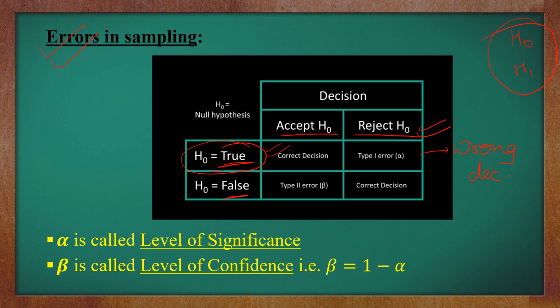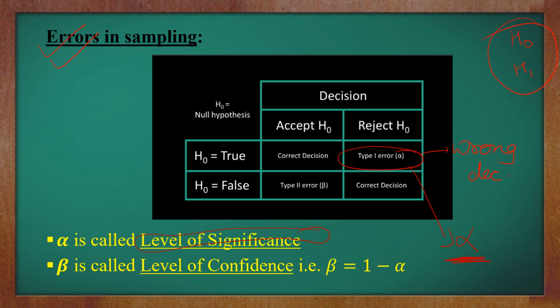So when your null hypothesis is true and you are rejecting it, this type of error is called type 1 error. Just keep in mind, when your null hypothesis is true but still you are rejecting it, this is called type 1 error, and we denote it by alpha, and this alpha is called the level of significance.